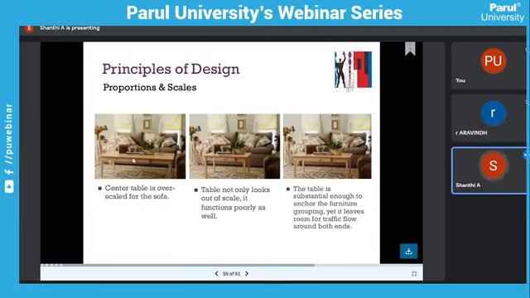All three things serve the same purpose, but the proportion varies, and it gives you a different feel. It gives you the feel of a larger room. This is proportionate, a nice, normal room. This is a small room. This is a medium room with all the furniture. When we have a larger thing, it gives us the feel of a much bigger room.